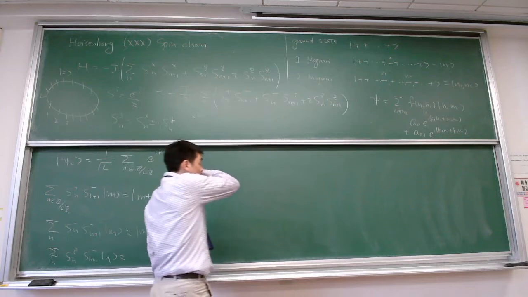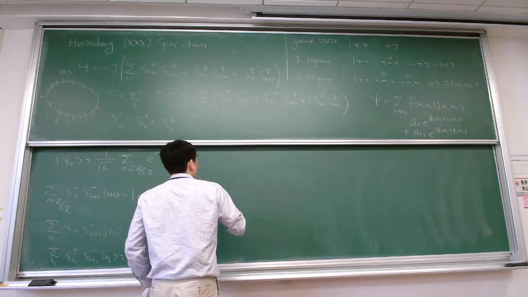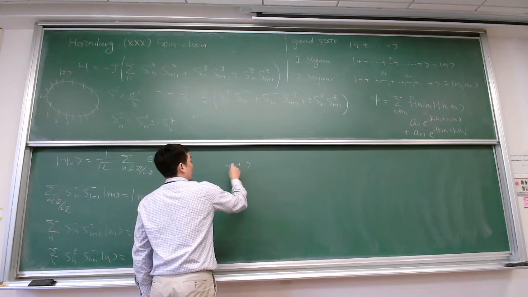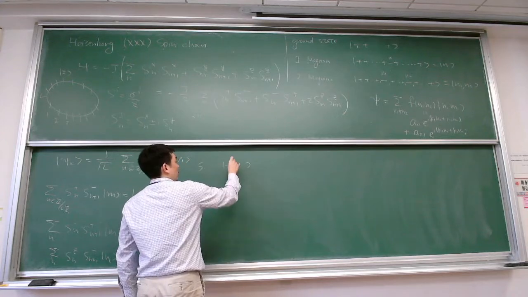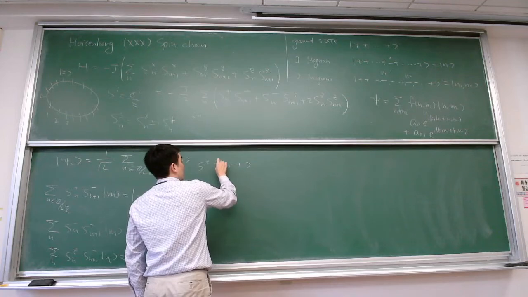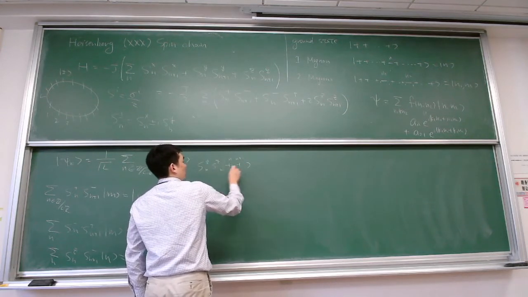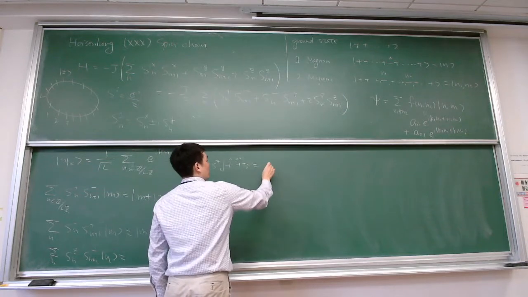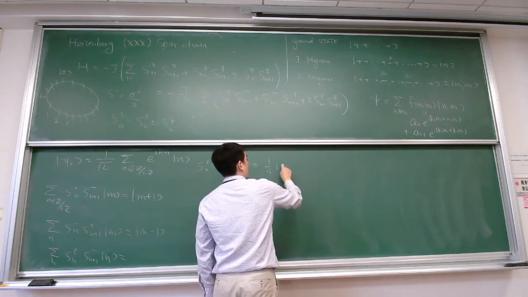As you know, if the spins align, with Sz acting on z and z, and then this is n plus 1, n, this is equal to 1 quarter, plus plus.